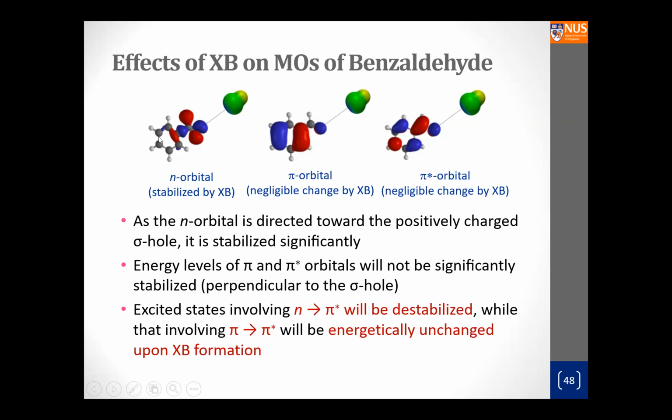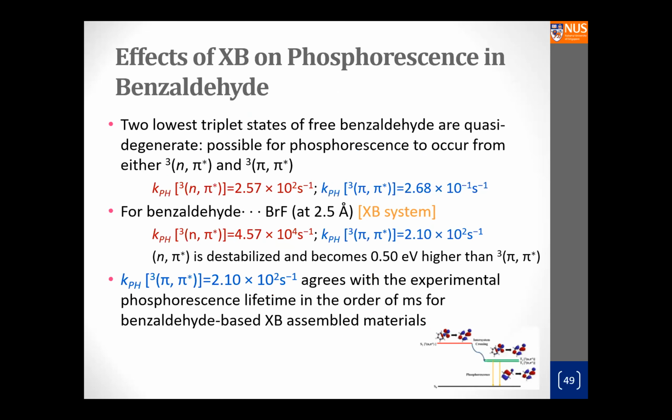When you get close, you form a halogen bond, so you actually stabilize the lone pair orbitals. So the n to pi star will in that sense be destabilized, whereas the pi star is not really involved in the halogen bond, so energetically it is unchanged.